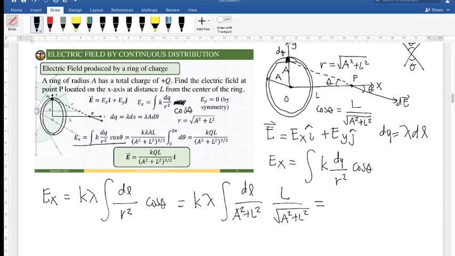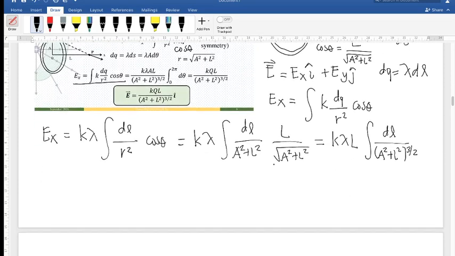Even though dq is here or there, the distance of the field point to the origin is still L. So we can take that outside: k lambda L, then the integral of dl over A squared plus L squared raised to 3/2. That is your Ex.